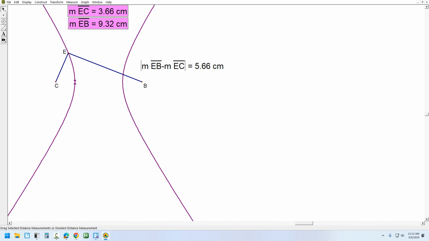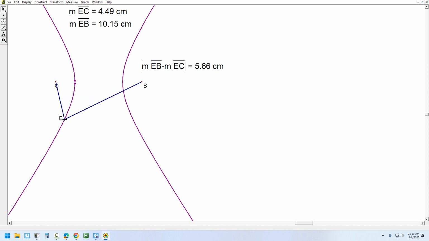Okay, so as I'm moving those two numbers, if you took 8.12 and subtracted 2.46, you would get 5.66. That's what it would come out to.